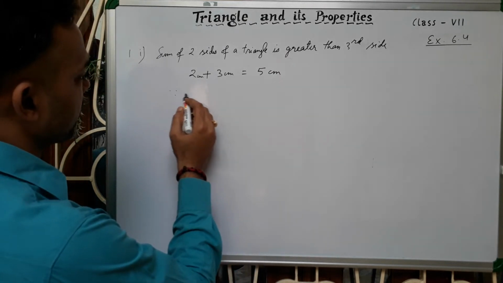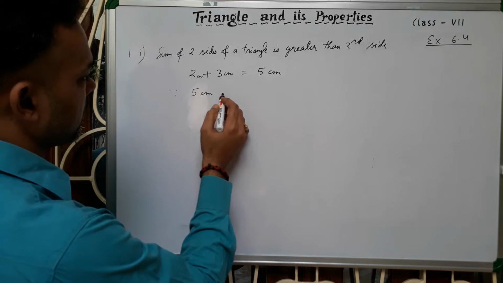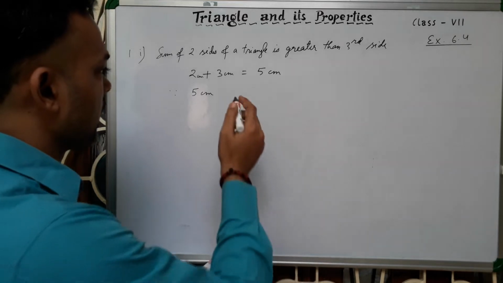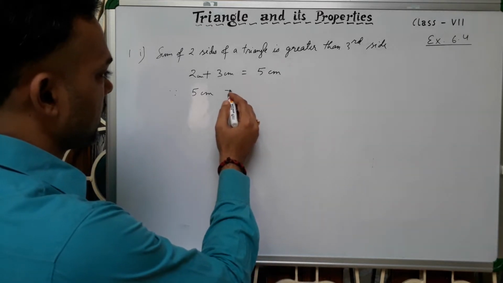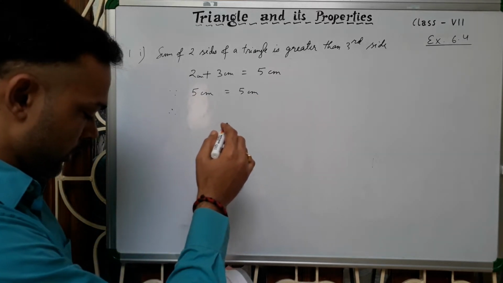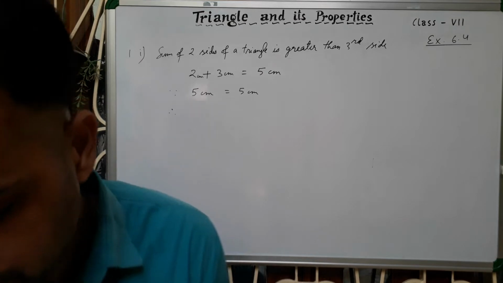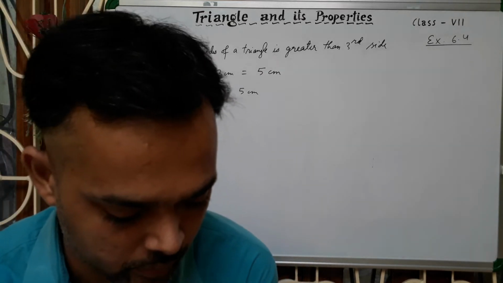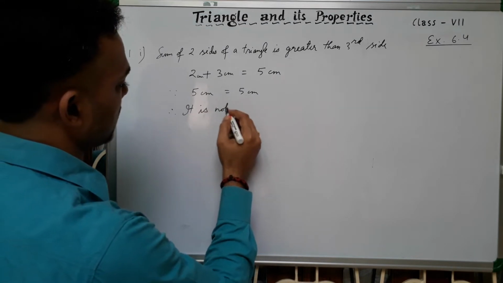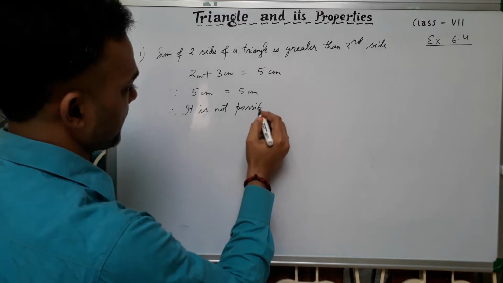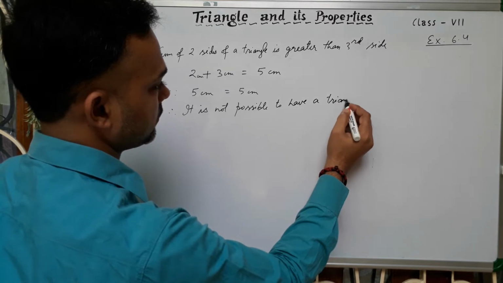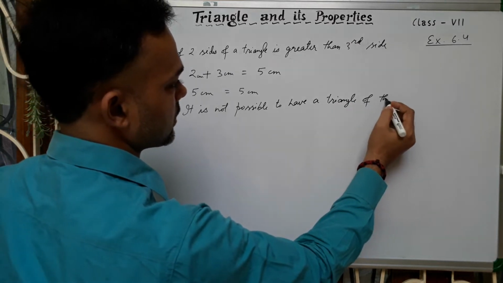Since 5 centimeter is not greater than, it is equal to 5 centimeter, therefore it is not possible to have a triangle of this measurement.